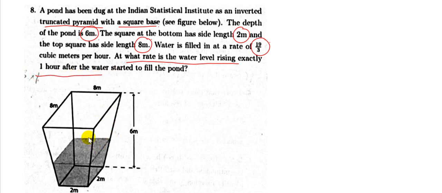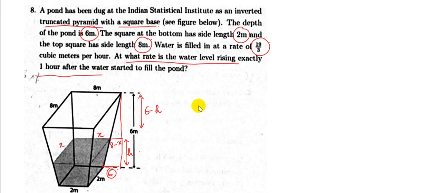First of all, let us assume that the side of the water surface when it is at a certain height h is x. If I complete this picture, this is h, which is the height of the water from the bottom. This is 6 minus h. This side is x, so this is 8 minus x, and this is 8 minus 2, which is 6.